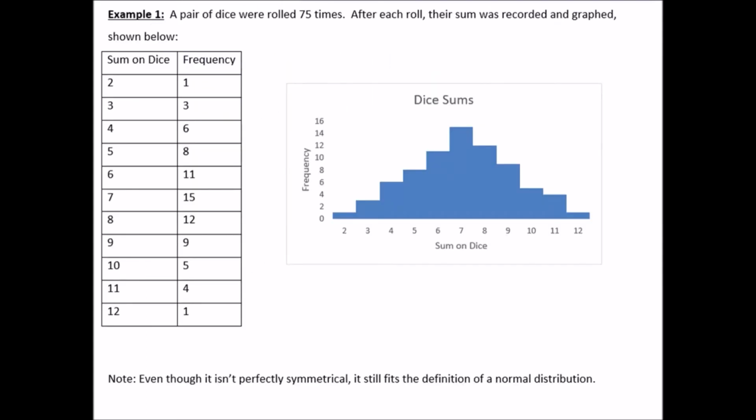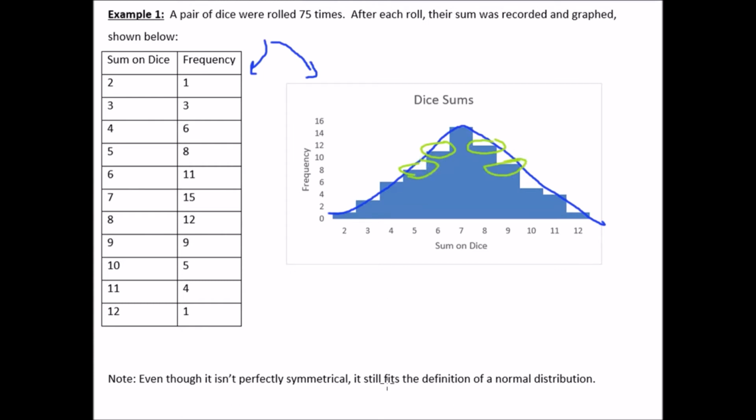Let's go ahead and do a question with normal distributions. A pair of dice were rolled 75 times, and after each roll, their sum is recorded, and then those frequencies were graphed. Even though this isn't perfectly symmetric, we can see that this number and this number are not exactly the same, or this one and this one.